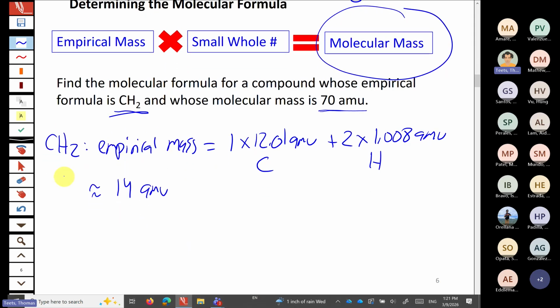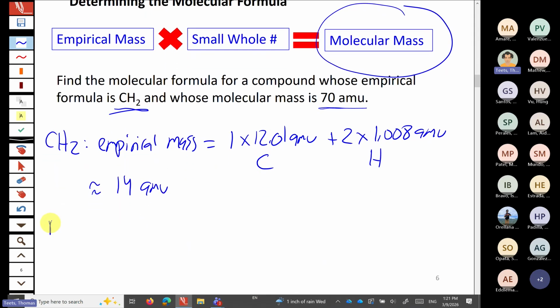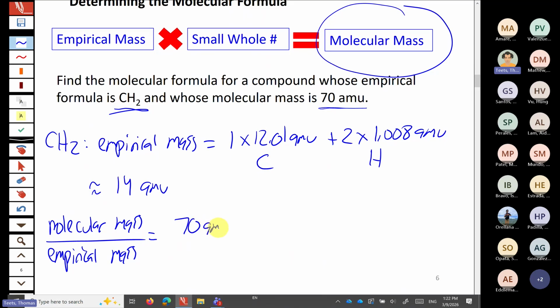So then to figure out what the molecular formula is, we're going to take the molecular mass that we're given, divide it by the empirical mass that we just found, to figure out what is the small whole number that relates the empirical formula to the molecular formula. So 70 AMU is the given molecular mass. 14 AMU is the empirical mass that we just found.